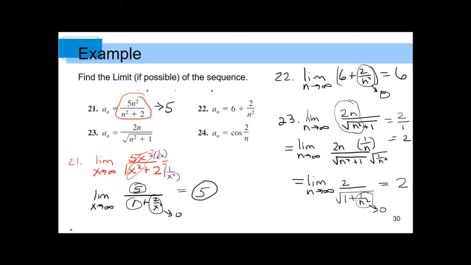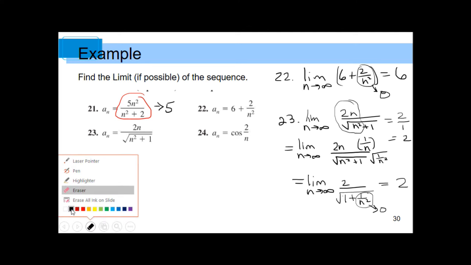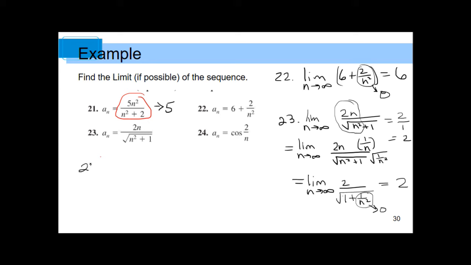Okay, let's go to number 24 now. Throw a little trig function in there. So for number 24, we're taking the limit as n goes to infinity of the cosine of 2 over n. So this is a composition of two continuous, smooth, differentiable functions.